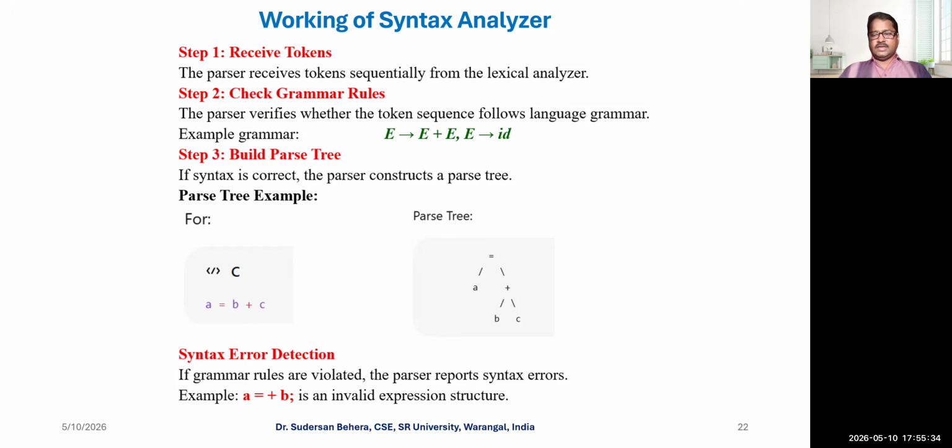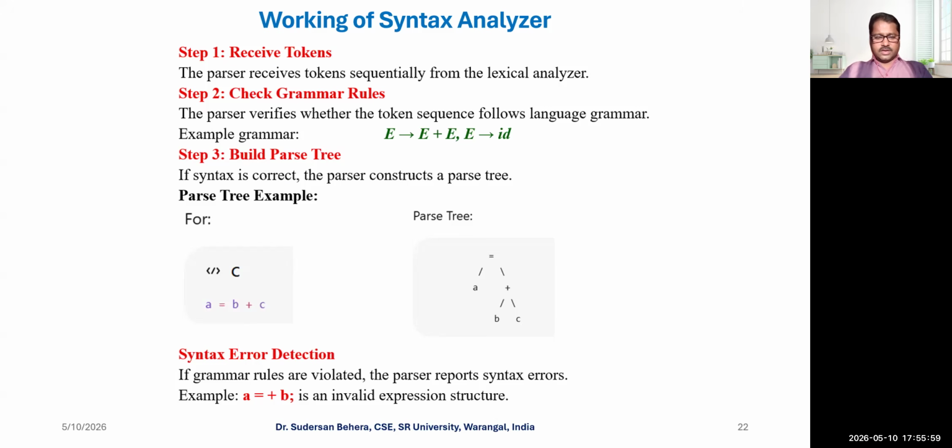Then it sends that syntax tree to the next phase of the compiler, that is the semantic analyzer. But it is not easy to say that it produces a parse tree if the syntax is correct; rather, a lot of steps are involved in between. That we will see.